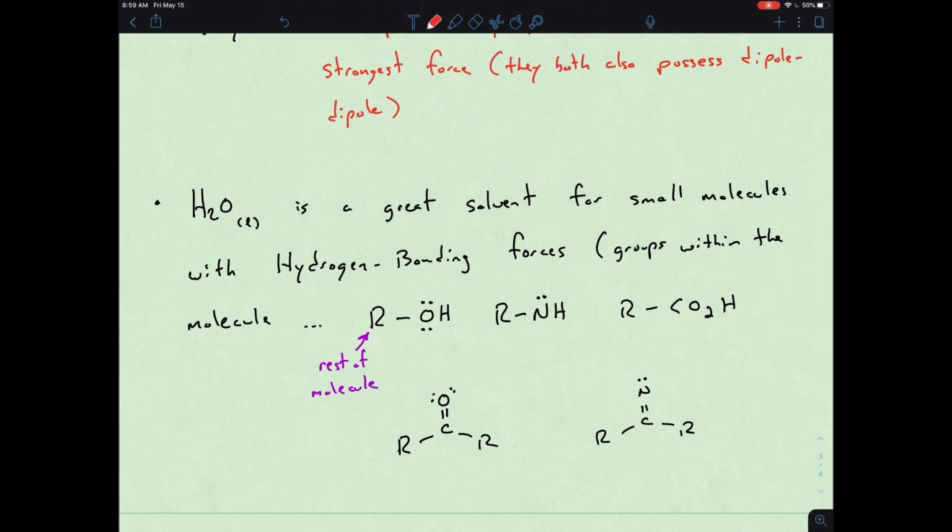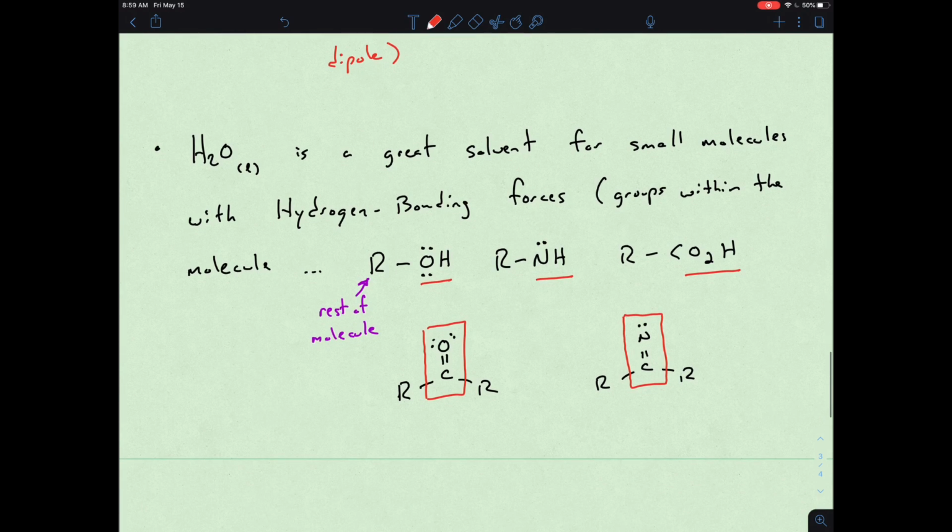So we're looking for these groups in a molecule, and if we see these, then these would be very soluble in H2O.